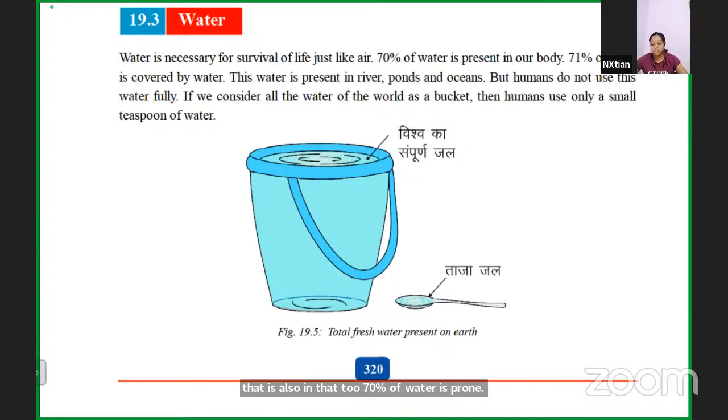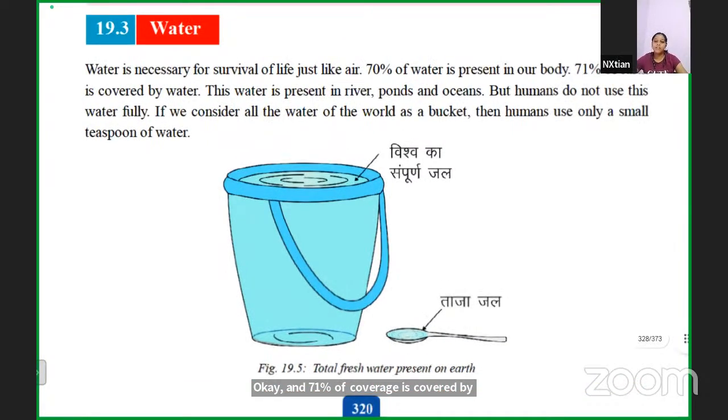And 71% of Earth is covered by water. Water is found on Earth in the forms of rivers, ponds, oceans. Some is frozen in the glaciers.